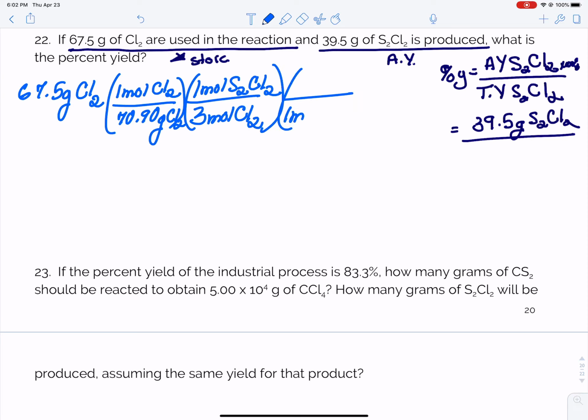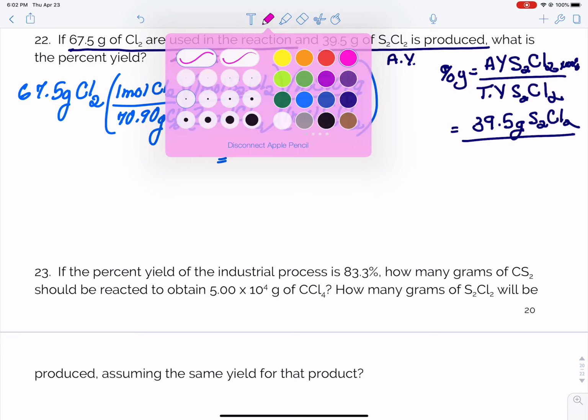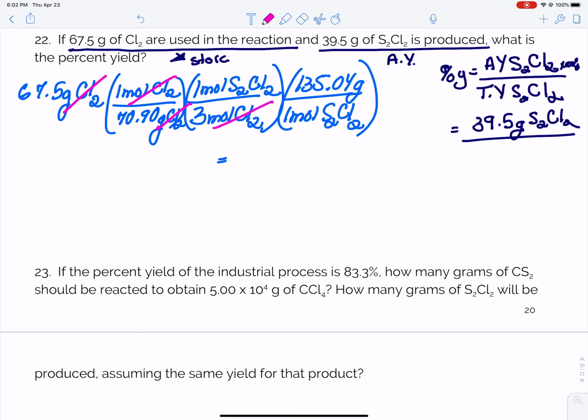And then 1 mole of disulfur dichloride has a mass of 135.04 grams, right? Check everything, see if it works out here. Grams cancel, moles of chlorine, moles of chlorine, moles of S2Cl2, moles of S2Cl2. Multiply by the top, divide by the bottom, and we get 42.854 grams of S2Cl2. That is my theoretical yield.